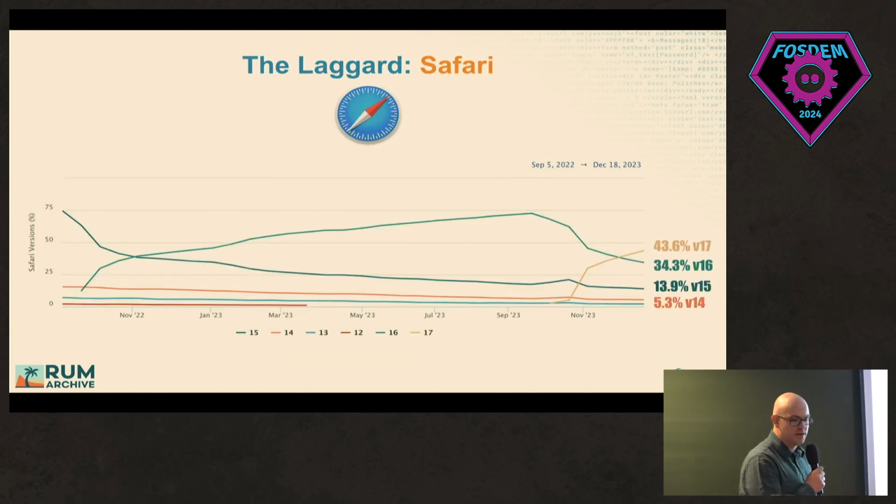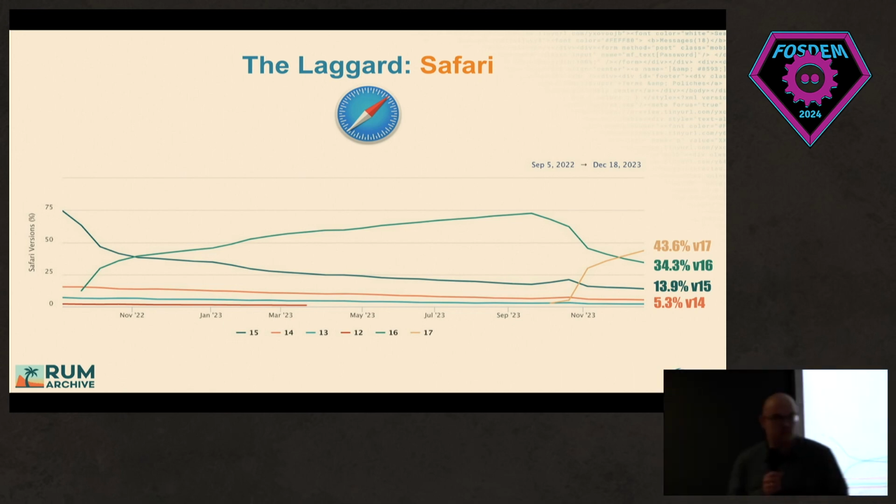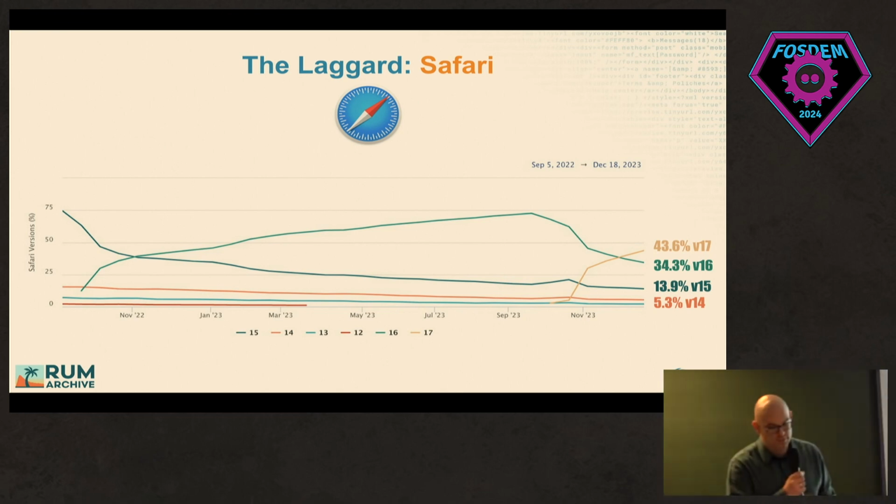This is, of course, contrasted with Safari. It's not an entirely fair comparison because for Safari we don't have the minor version numbers like with the others. But here we still see the global trends. The latest version, Safari 17, even after 2 months, didn't even reach 50% of the Apple product population.